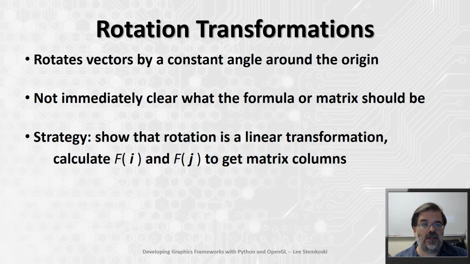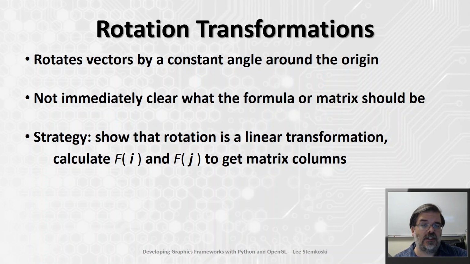So a rotation transformation, as the name suggests, means that it rotates vectors by some constant angle around the origin. Now, depending on how far away a point is from the origin, the point might move through a greater distance, but each point is being rotated by that same constant angle. Now, unlike scaling transformations, it's not immediately clear what the formula should be or what the matrix is going to be.